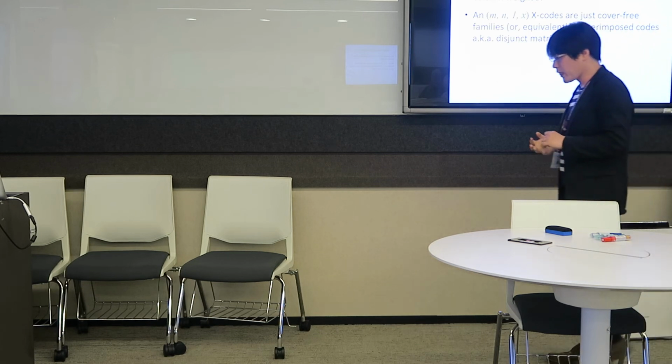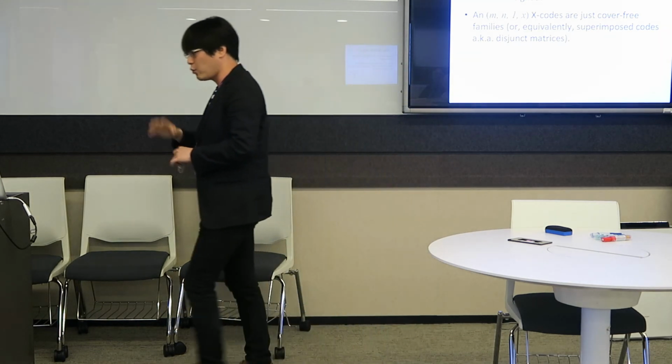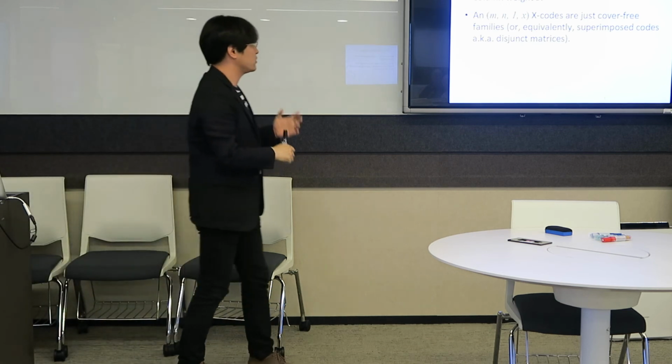So you can't have more than this number, but you are sure that you can achieve, say, when m is congruent to 1 or 3 modulo 6, this number of columns, because there is a Steiner triple system of order m, and you can just use the point-by-block incidence matrix as an x-code.